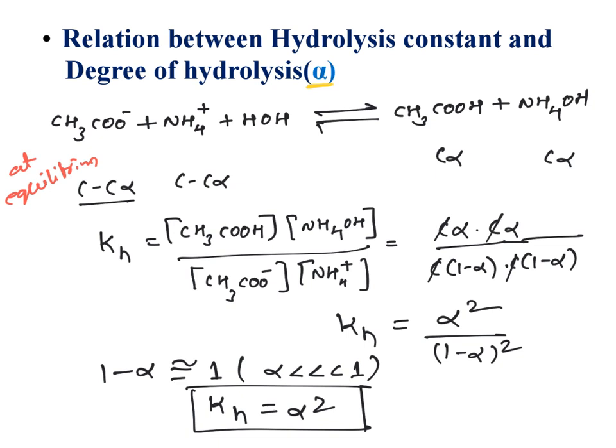This further I can expand. KH equal to alpha square, and we know that KH equal to, we have derived a relationship between KW, KA and KB.